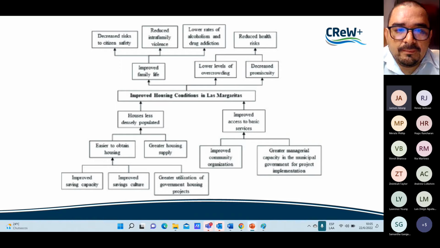So you have an objective, and you may not be able to realize it, but in the process of trying to realize that objective, you lower or reduce those effects or impacts. So that was my remark. Yeah, I understand very well. But for me, it is accurate that if you know you are not going to eliminate alcoholism, drug addiction, promiscuity, it is accurate to only put lower, decrease, reduce. But I understand your point very well.